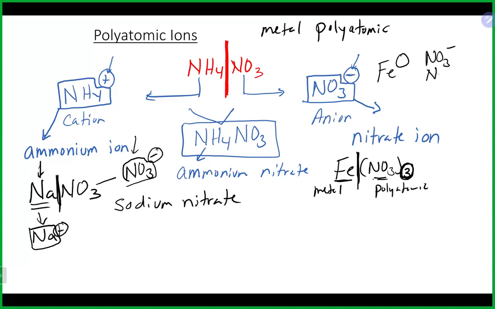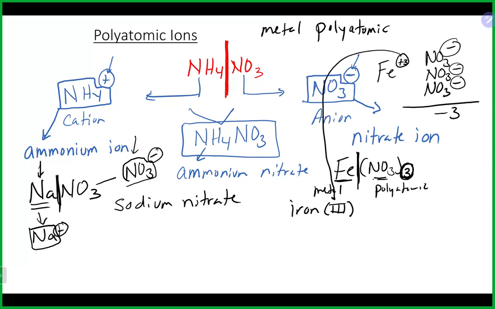So again, here we would have 3 of these, which if we added up the negative charge, -1, -2, and -3. So that tells us in this case our iron would have to be what to equal 0? +3. And again, because it's a type 2, that's all we need. We will go with iron Roman numeral 3 because of the charge.